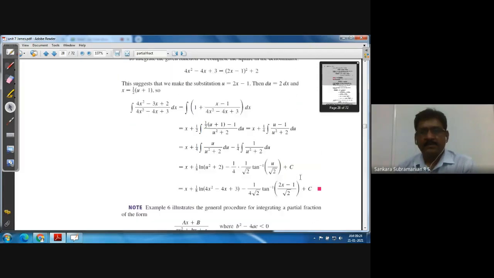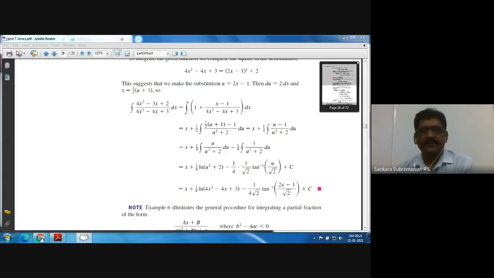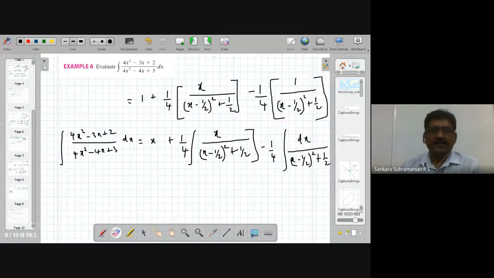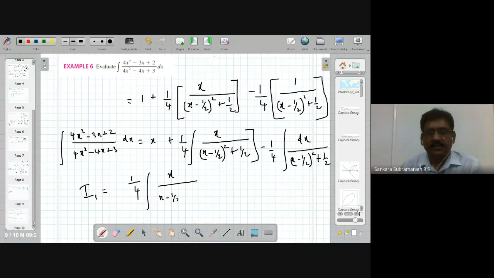All right, same thing to be done because you have to replace with 1. All right, இப்போ தனித்தனியா செய்யலாம். You can make it as, let the integral be I1 equal to 1 by 4 times of integral of x by x minus 1 by 2 the whole square plus 1 by 2.